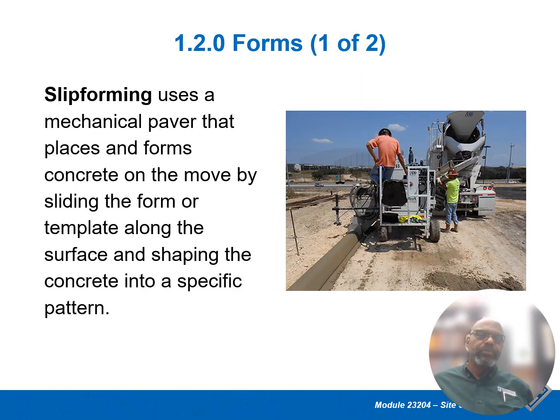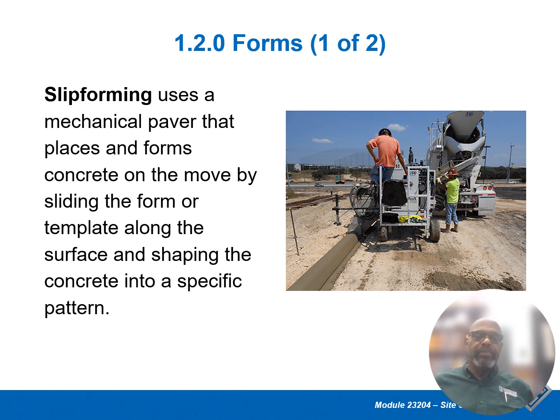Slip forming is basically a mechanical paver for things like highways and large sites. They have a machine that actually forms the curb. It can do it faster and easier to build curbs.